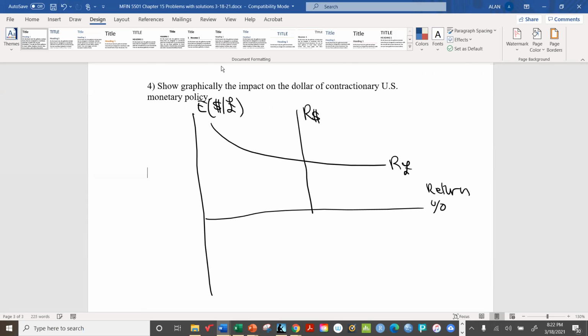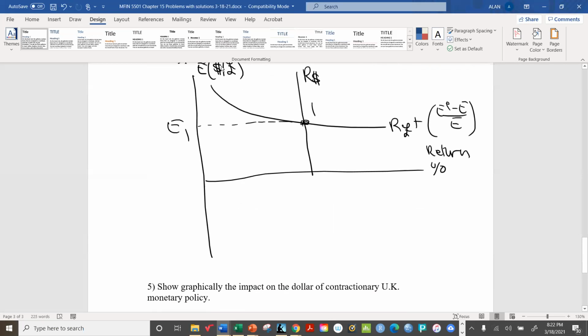We have the pound plus the expected appreciation or depreciation. Here's the equilibrium. And we come down here and we show equilibrium in the money market.